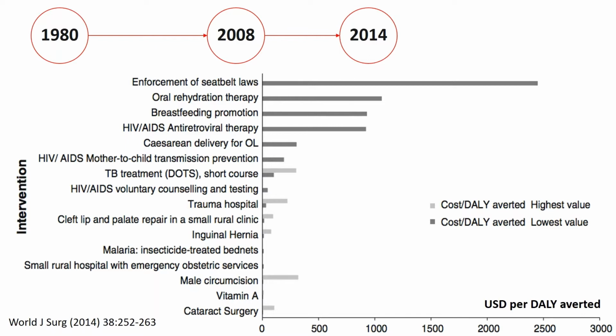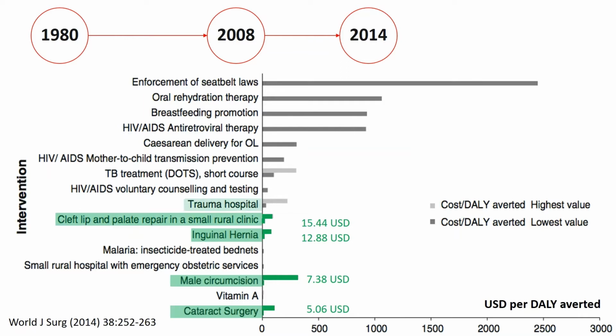In 2014, a systematic review on cost-effectiveness of surgery in low- and middle-income countries was published in the World Journal of Surgery. The article compared the dollars spent per disability-adjusted life year averted in low-resource settings. The results showed that basic surgical interventions, such as cataract surgery, male circumcision, hernia repair, cleft palate repair, and basic trauma surgeries, are more cost-effective compared to other public health interventions, such as oral rehydration therapy, breastfeeding promotion, and antiretroviral therapy.